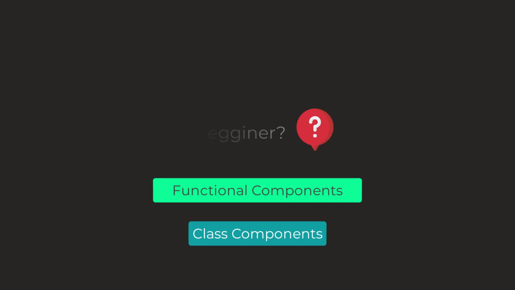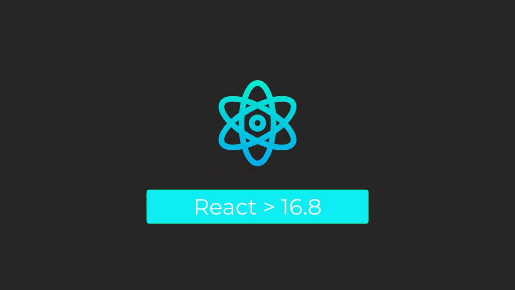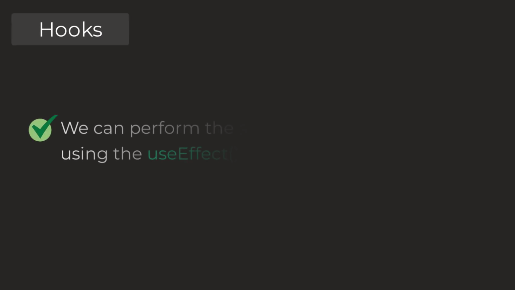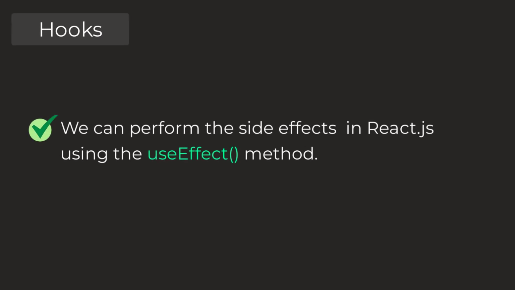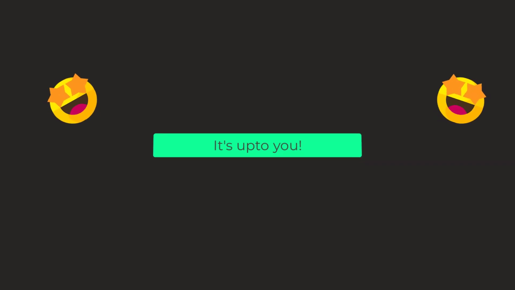There is good news that in React version 16.8 and greater, React has facilitated its developers with the hooks functionality. We can perform the side effects in React.js using the useEffect method, and we no longer need to use class components. So it's okay if you want to use functions, and it has benefits in itself.